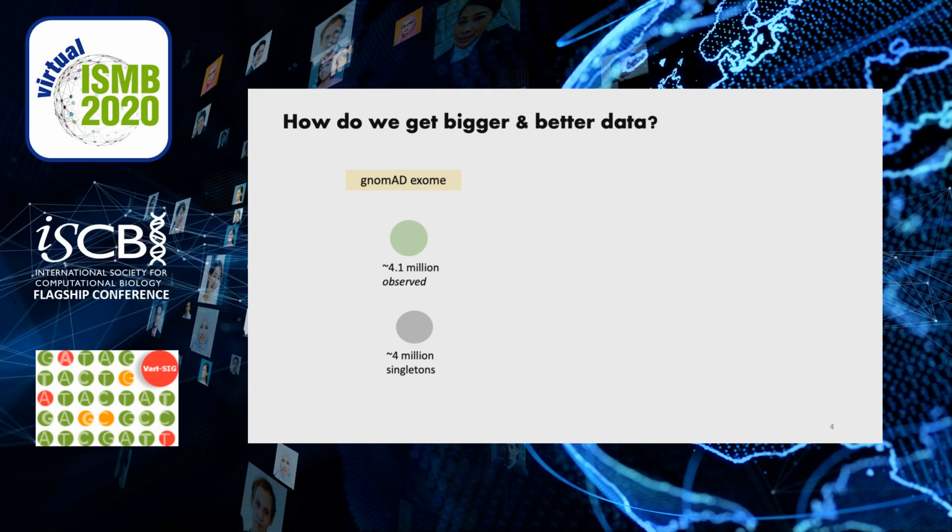Besides that, we have also 4 million singletons, which are the variants that are observed in only one individual. For our modeling, we do not incorporate the singletons into the picture. And apart from these two, we artificially generated about 57 million possible but not observed synonymous variants.